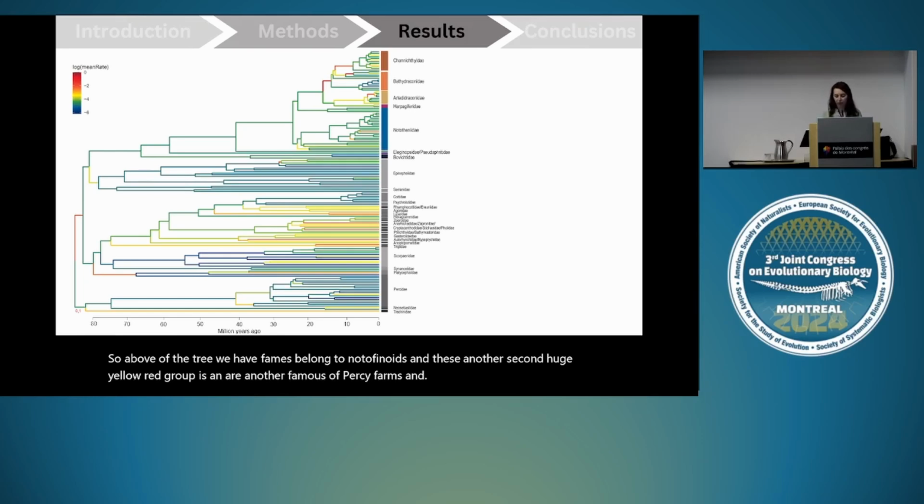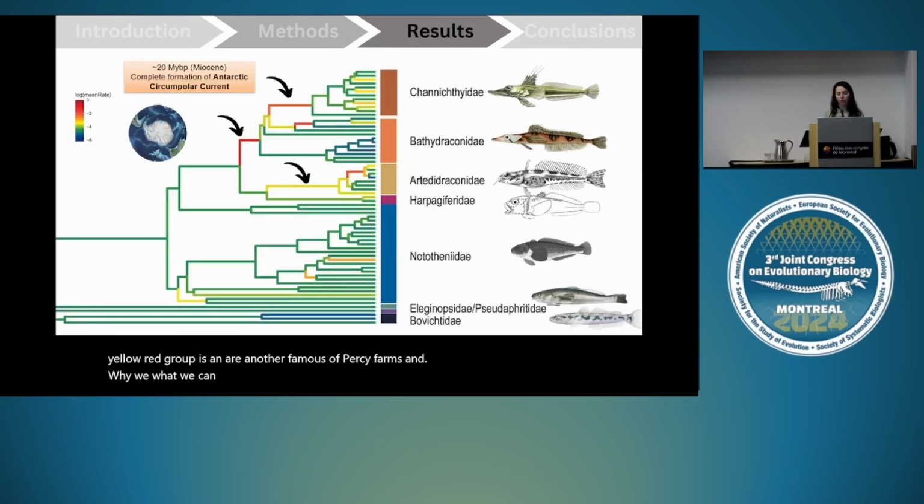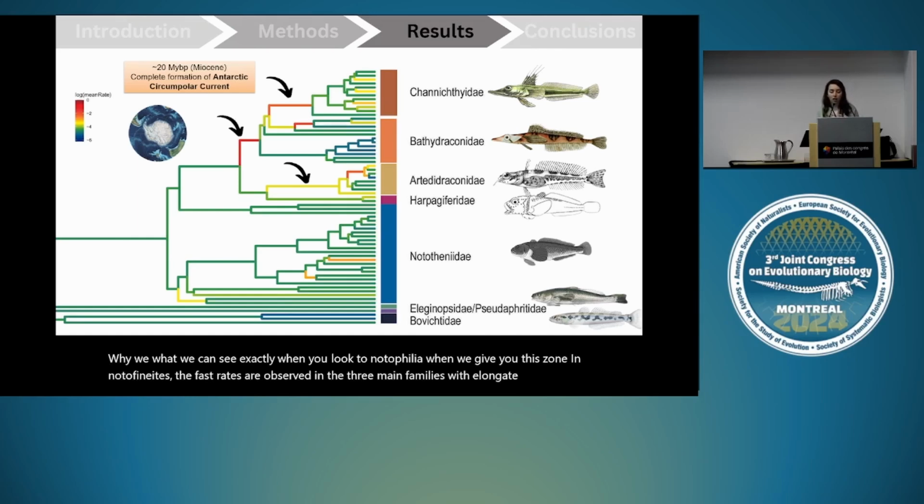When you look at notothenioids, the fast rates are observed in the three main families with elongated skulls, and those living in deep habitats, like Channichthyidae, which has antifreeze proteins, just remember.